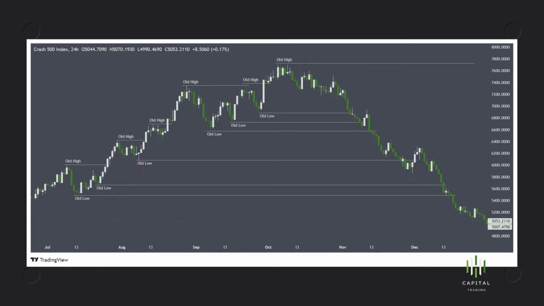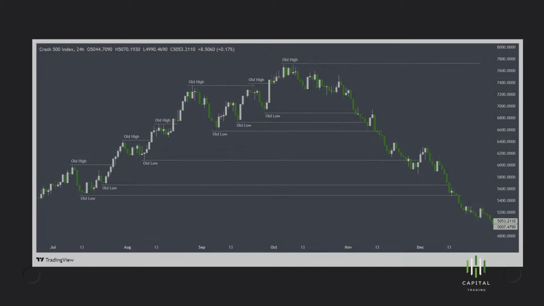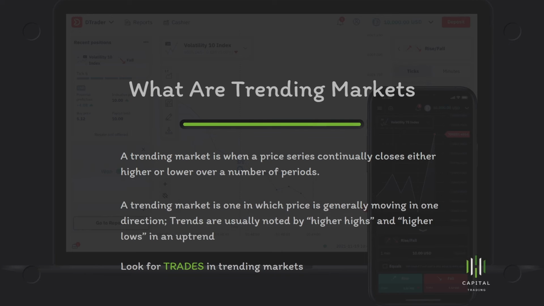So now we are going to dive into trending markets, right? What are trending markets? A trending market is when a price series continually closes either higher or lower over a number of periods, right?